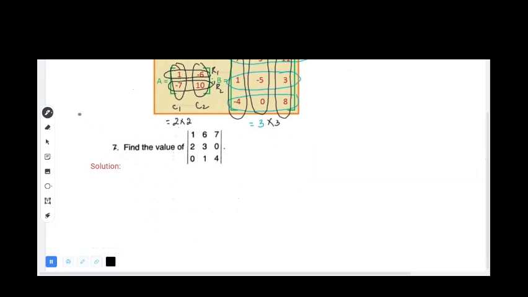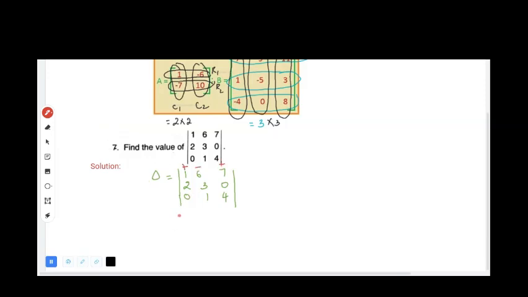Moving to the next one, find the value of the determinant 1, 6, 7, 2, 3, 0, 0, 1, 4. To find the determinant, we need to write the signs plus, minus, plus.